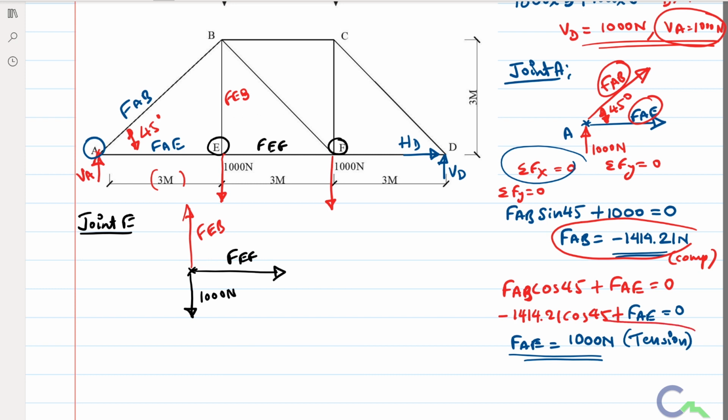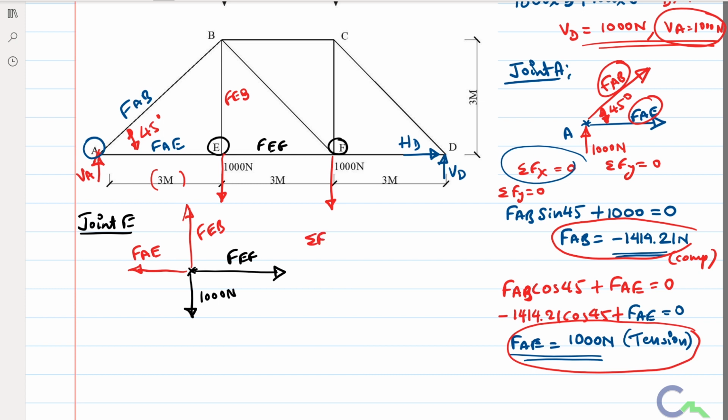If I see in the previous step, we got tension. Therefore that also I will consider as tension, that is FAE or FEA. So I am going to apply the equilibrium condition.